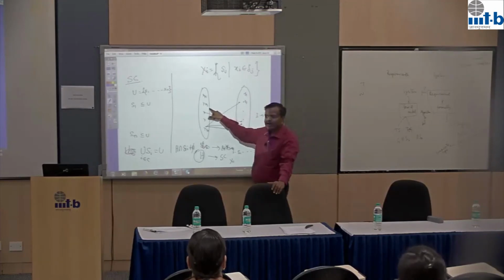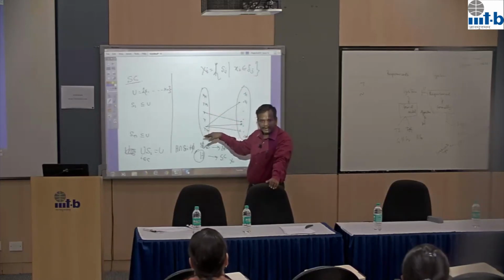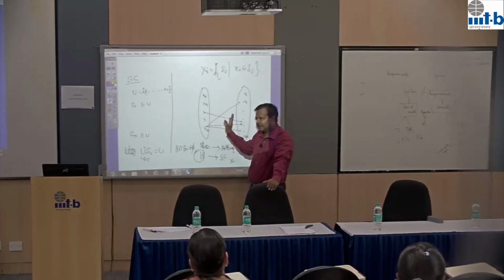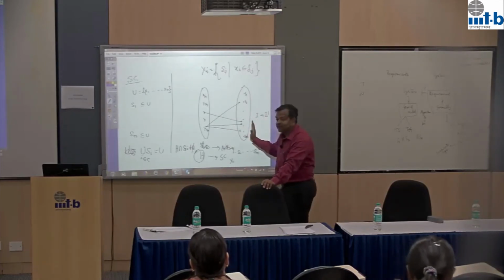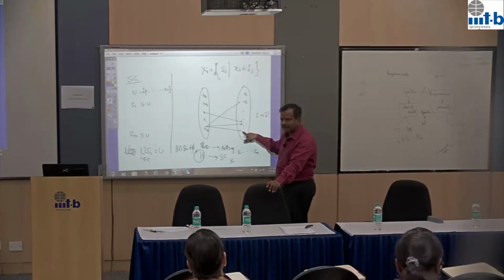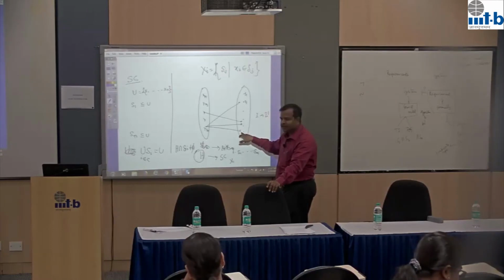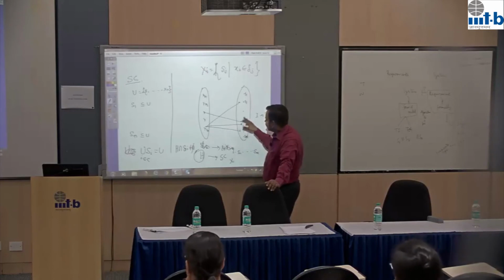Now you pick a vertex here which has the maximum degree, right? In terms of graph theory, in terms of the bipartite graph, if you want to solve the set cover problem, you have to start on the right hand side. Your algorithm says pick the vertex which has the maximum degree. Once you pick that, delete that vertex from here and delete all the edges which are incident on it. Now you just work on the rest of the graph, same algorithm, right?